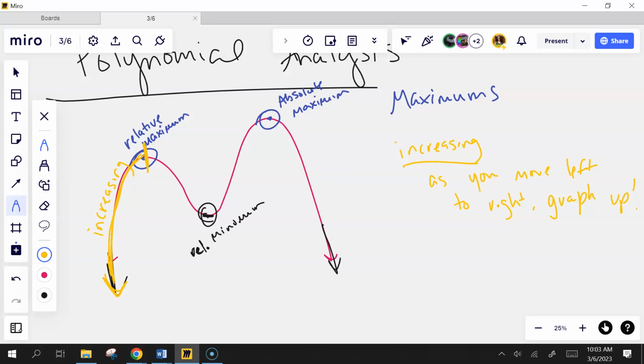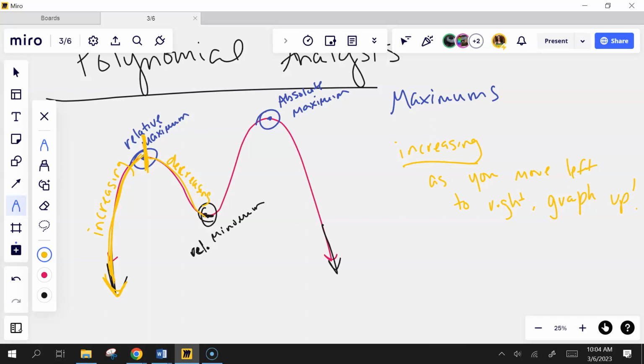Now notice the point that I stopped going up. The point I stopped going up is actually that maximum value. This is where that happens. And what happens once I pass there? What's it doing? Left to right. It's decreasing. That's exactly right. It's what we call decreasing.